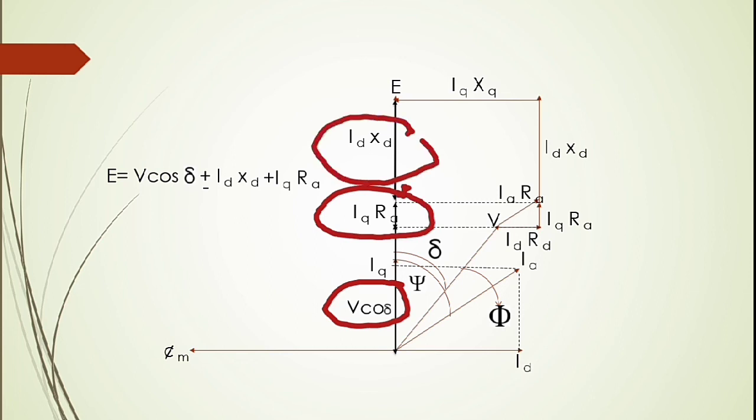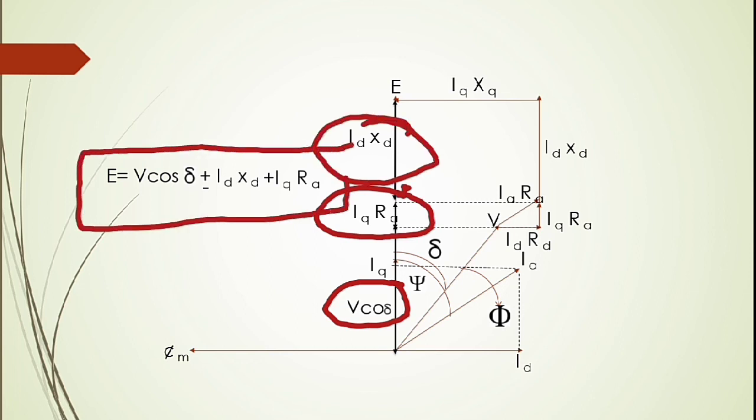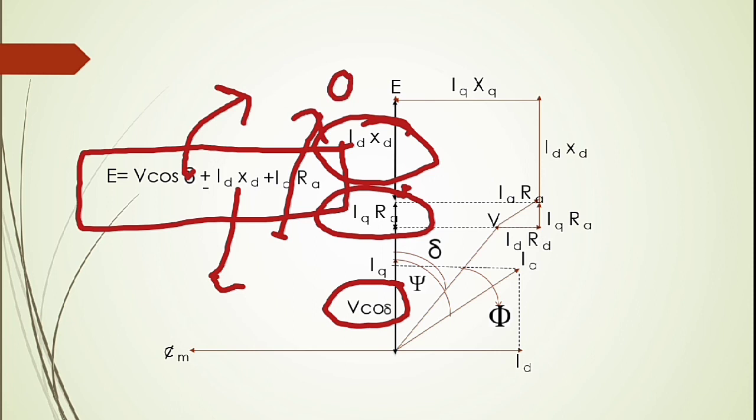From this way we will get the value of emf without any phasor sum or phasor diagram. If you know del, the load angle, and the value of Id, then Id Xd, or Iq Ra, generally Iq Ra is neglected all the time for calculation purposes, because the value of Ra is almost 0.1 per unit.